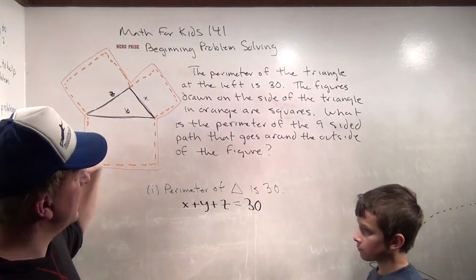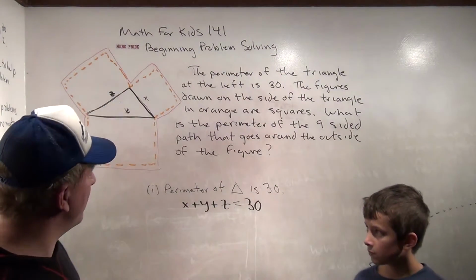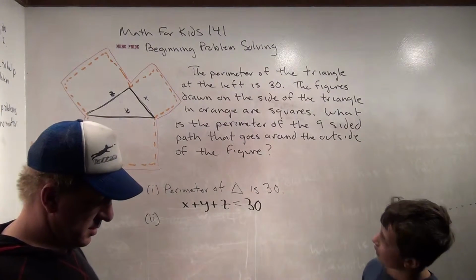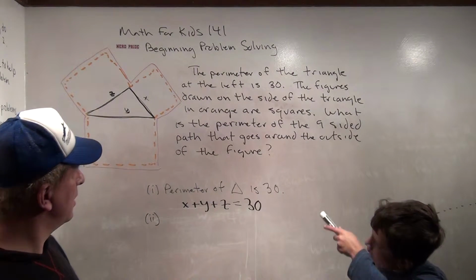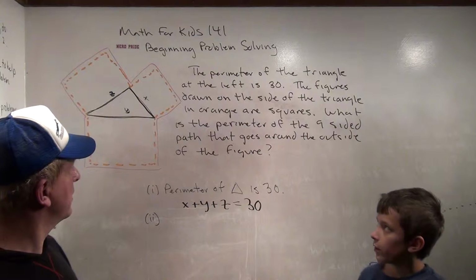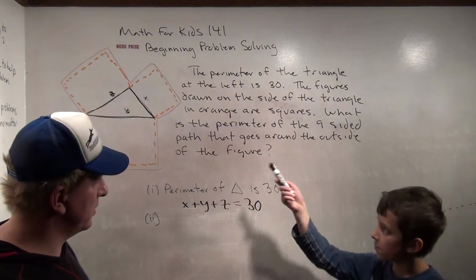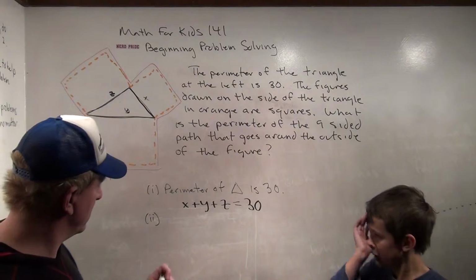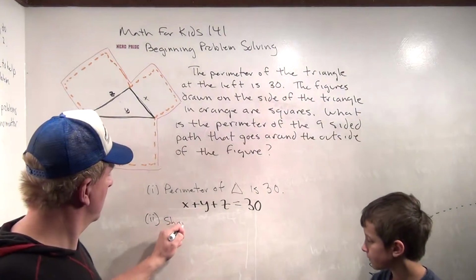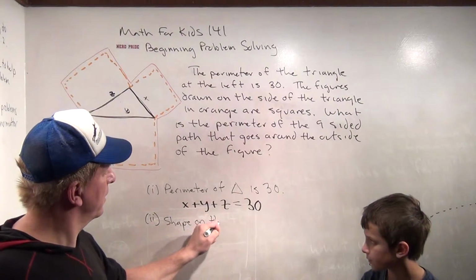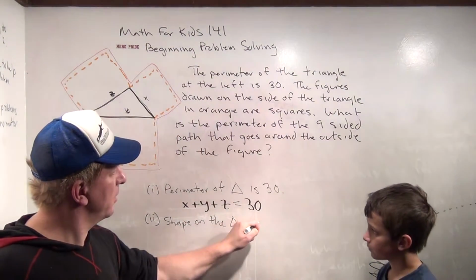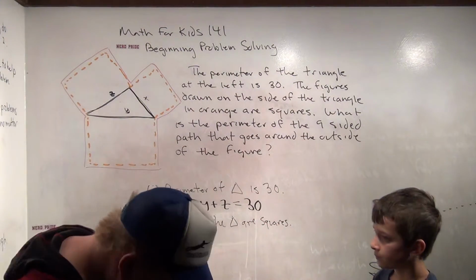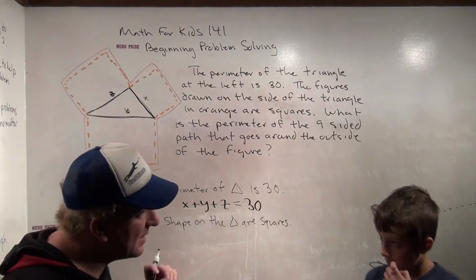Now, what's another piece of information that's hiding inside the description of this problem? Well, all of the shapes are squares. Which shapes? The shapes that are built around the triangle are squares. And what important thing does that tell us?